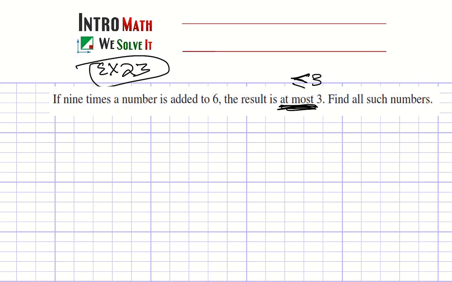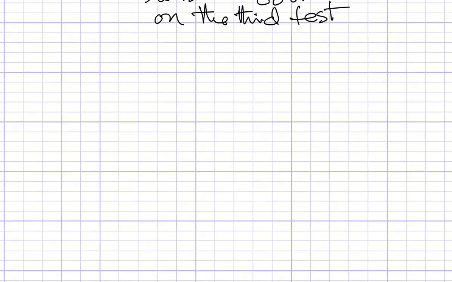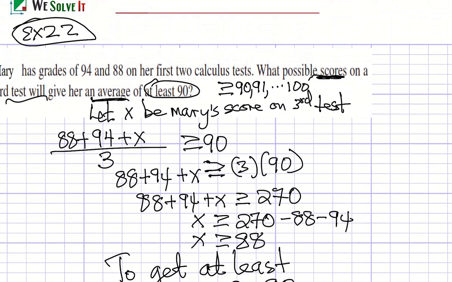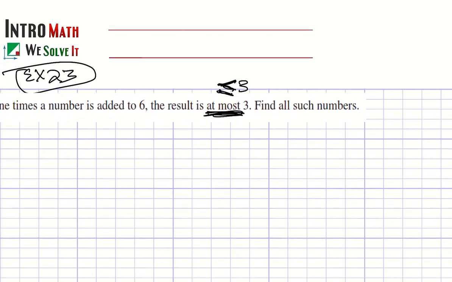At most 3 means less than or equal to 3, okay? I'm glad we're doing this problem. See, over here is at least 90. At most 3 means less than or equal to 3, okay?